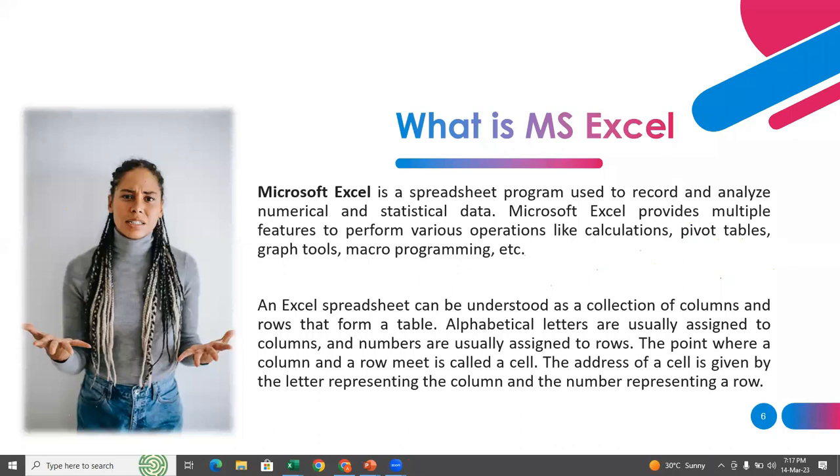Alphabetical letters are usually assigned to the columns, while the numbers are assigned to the rows. The point where row and column meet is called a cell. The address of a cell is given by the letter representing the column and the number representing the row.